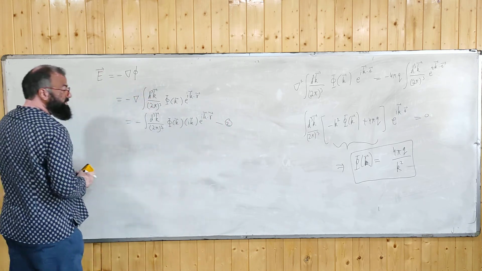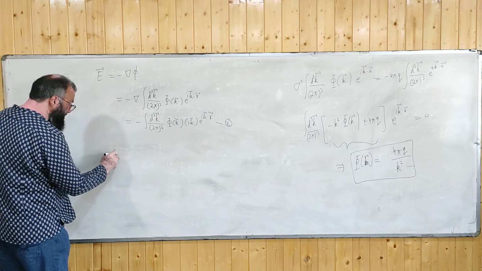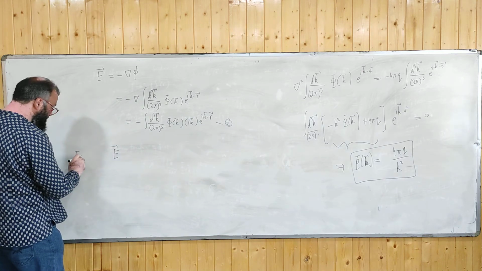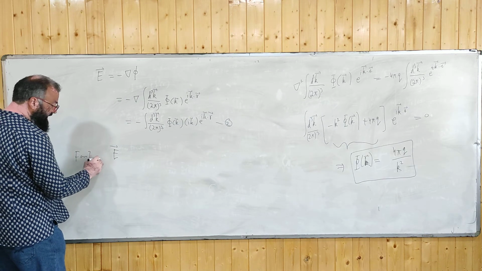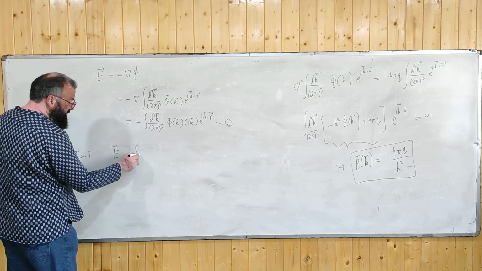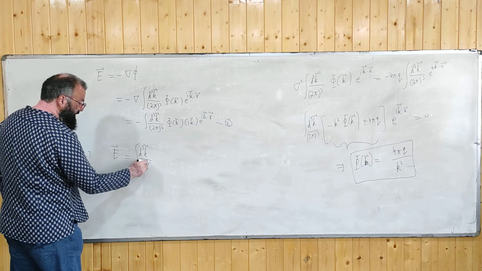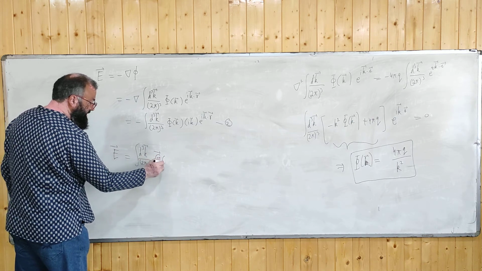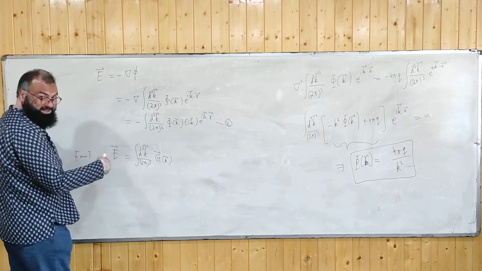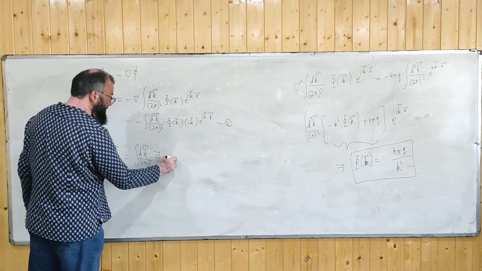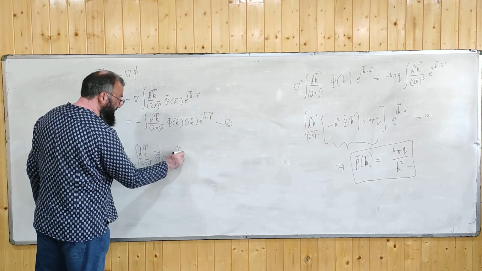Now let's calculate the Fourier transform of the electric field. That will be simply equal to d3k by 2 pi cube. Let's write G to be the Fourier transform of this electric field, so it will be e raised to i k dot r.